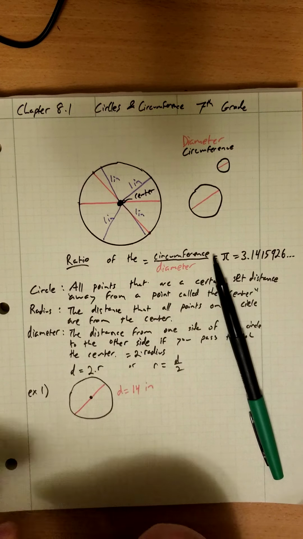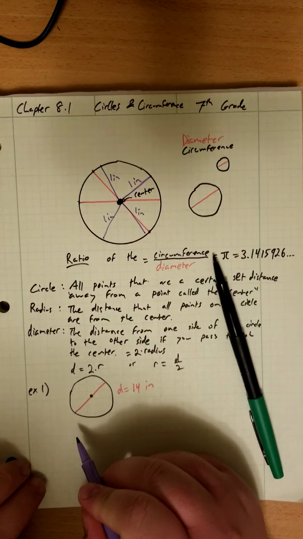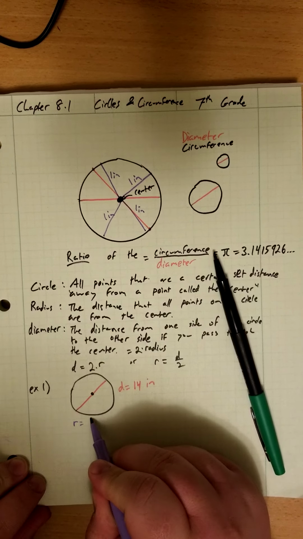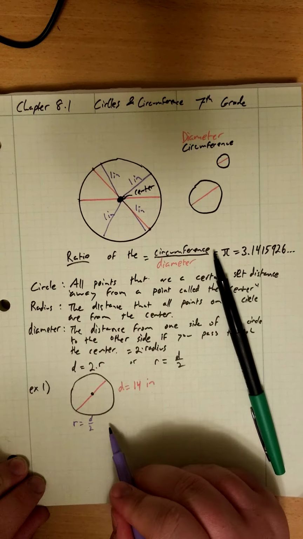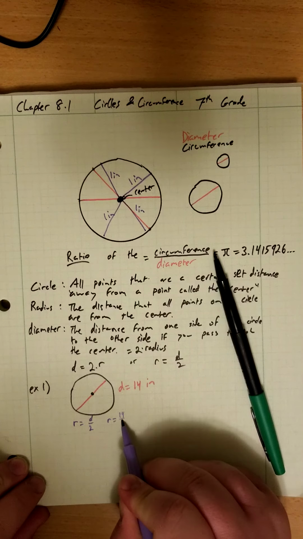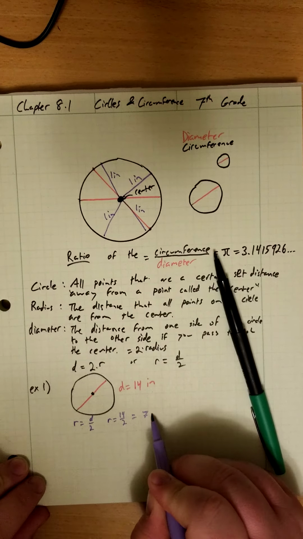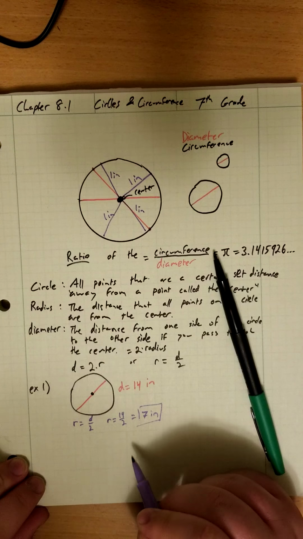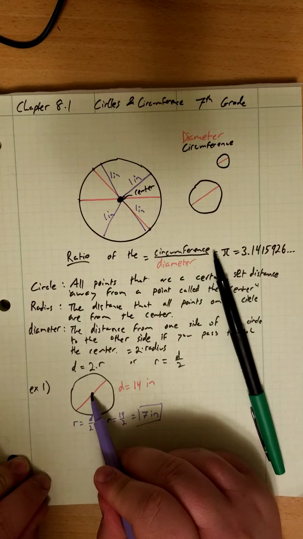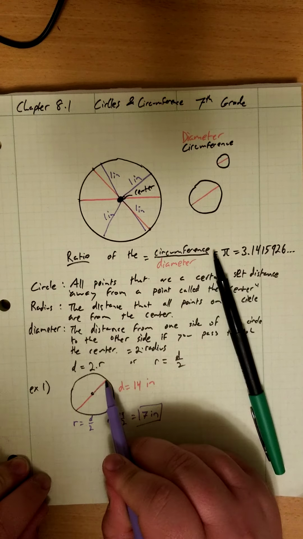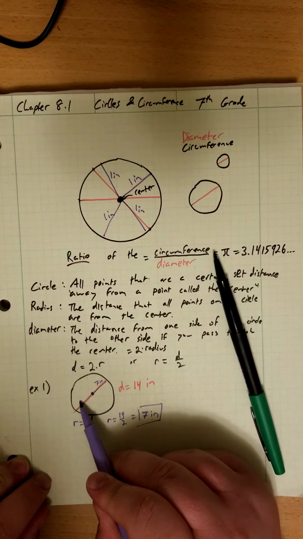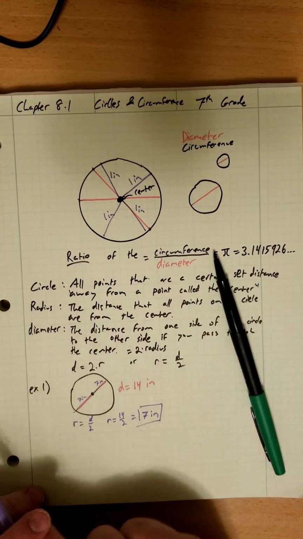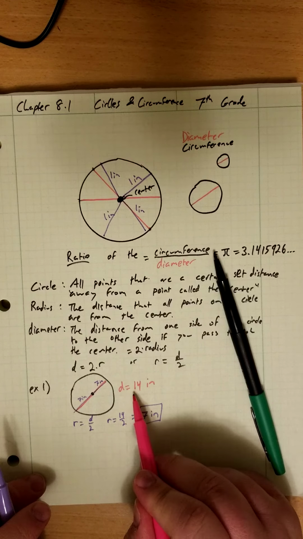The radius is lavender. Well, I know that the radius is equal to the diameter divided by 2. So if the diameter is 14, then the radius would be 14 divided by 2, or 7 inches. So to go from here to here, that distance is 7 inches. And to go from here to here, that's also 7 inches. And the whole diameter itself is 14 inches.